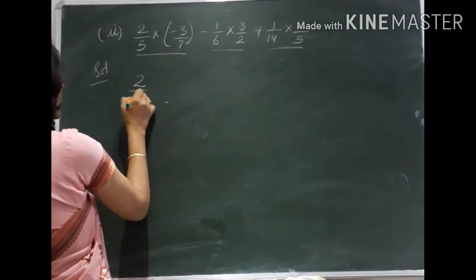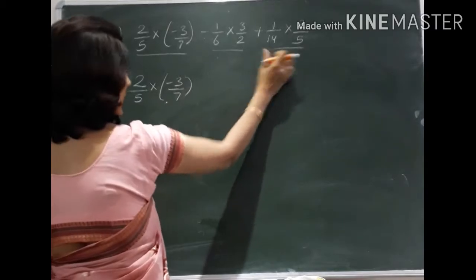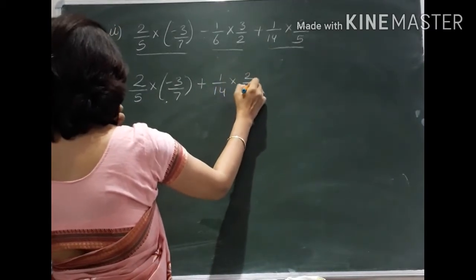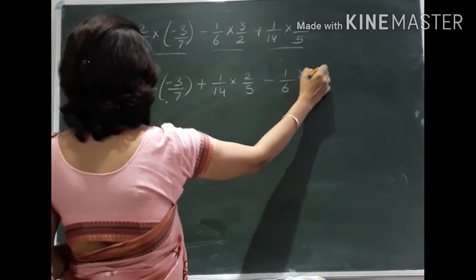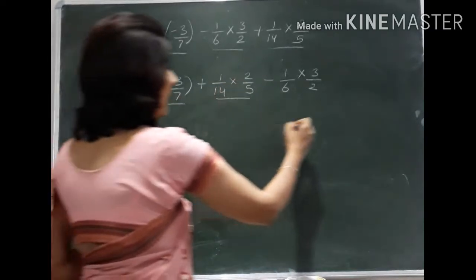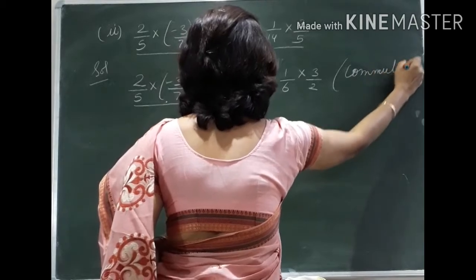So I am going to shift this here in the center, plus 1/4 into 2/5, and this all I will take at the end, minus 1/6 into 3/2. Now here I have to write which property I have used. I have used the commutative property.